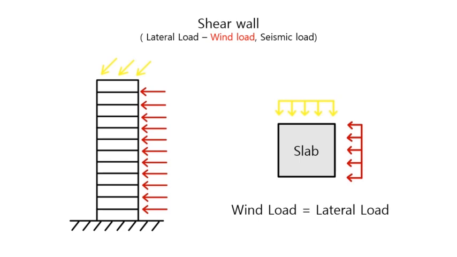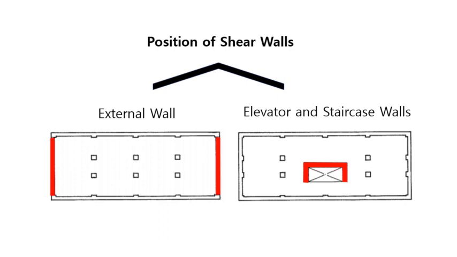When the red and yellow arrows are wind loads in different directions, the wind loads work as above for one slab. There are two main ways to position the shear wall. First, placing the shear wall on the external wall of a building. Second, placing the shear wall on the elevator and staircase walls, that means on the core of a building.